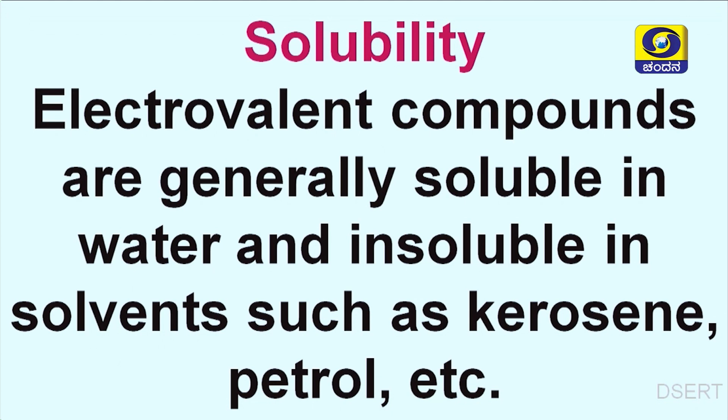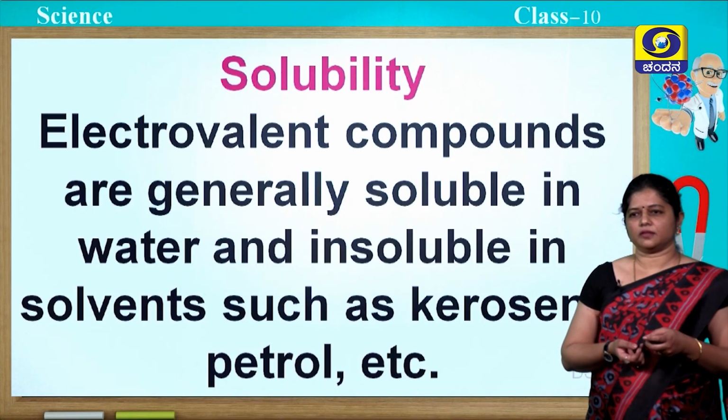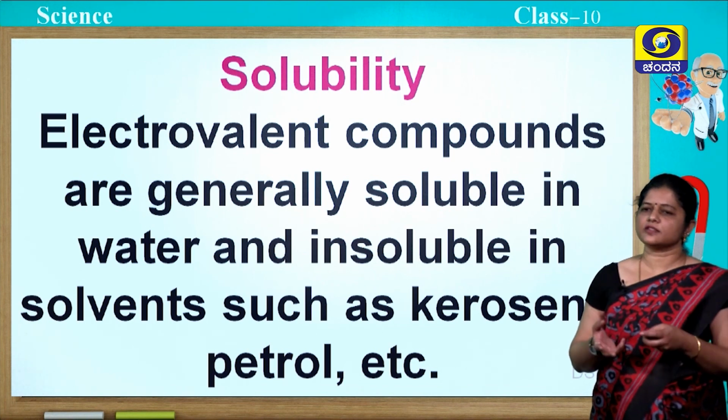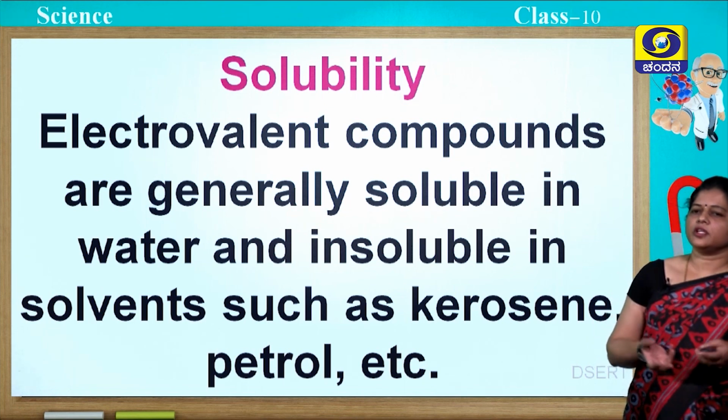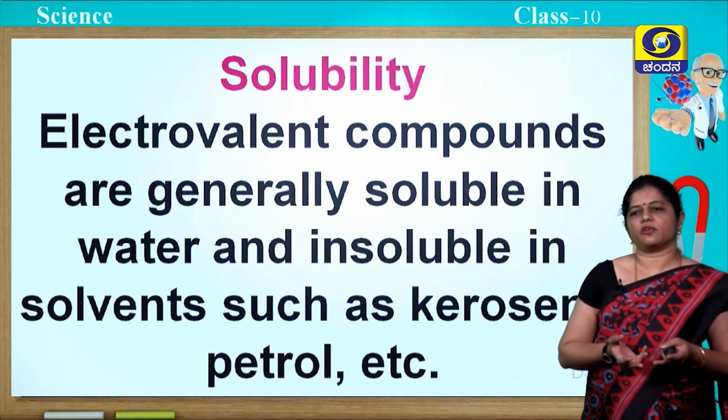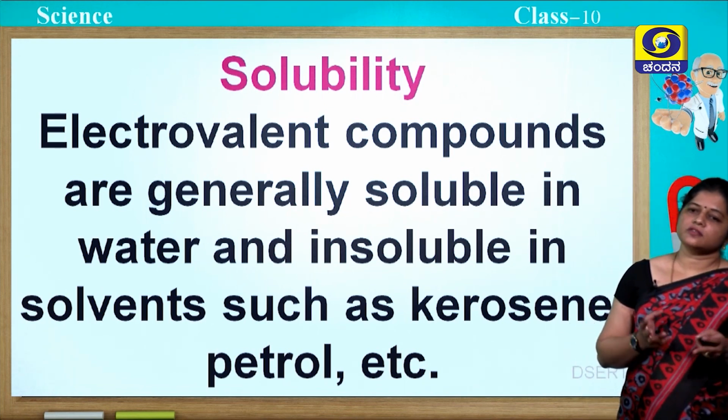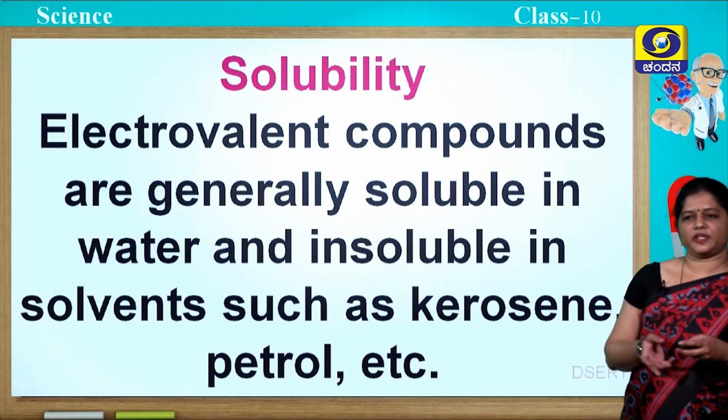And now coming to another property, solubility. Solubility is the dissolution property of the compound. Electrovalent compounds or ionic compounds are generally soluble in water and they are insoluble in solvents such as kerosene and petrol.